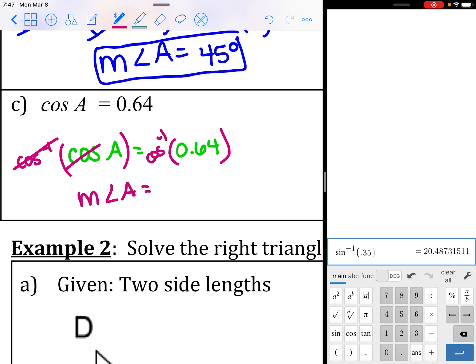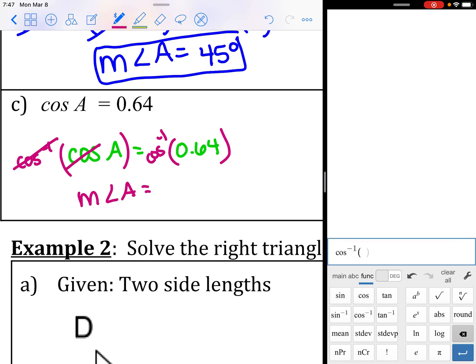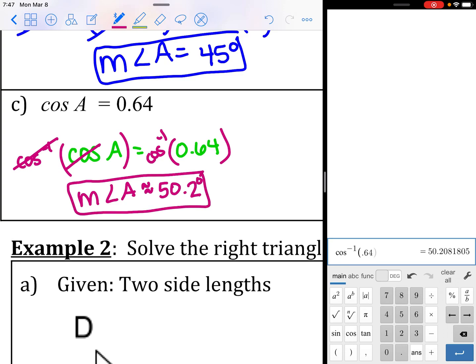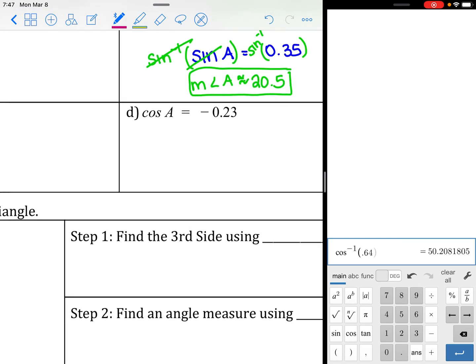Once I do that, it'll leave me with the measure of angle A. So I'm going to go to function, inverse cosine, and then I'll type in the ratio, 0.64. And so this one is about 50.2 and then the next number is a 0, so I'll leave it there, 50.2 degrees.